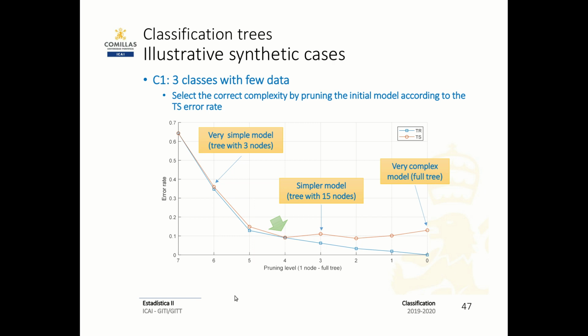So we need to choose a point that is a good balance between not having a too complex model that is very much overfitted to the training data, and not having a too bad model that actually is not very helpful in the classification. And this pruning level 4 seems to be a good compromise between the two.